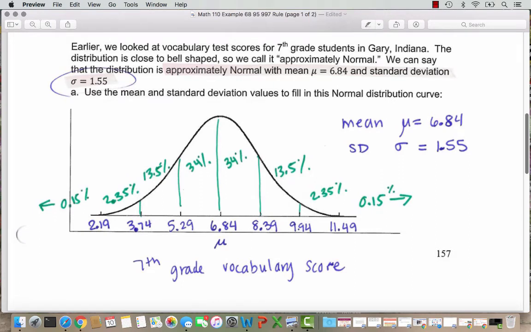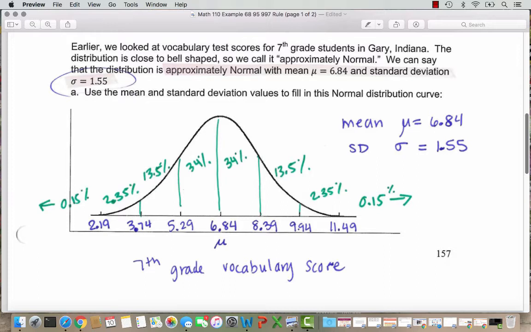So I start with 6.84 at the center of the normal distribution curve, and then I add that value 1.55 to fill in the higher marks for adding the standard deviations. So 6.84 plus 1.55 is how I got the 8.39, and these are vocabulary test scores. If we add another 1.55, adding two standard deviations, that vocabulary test score would be 9.94.